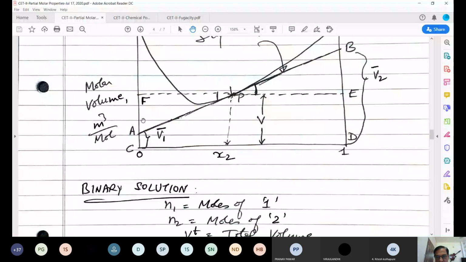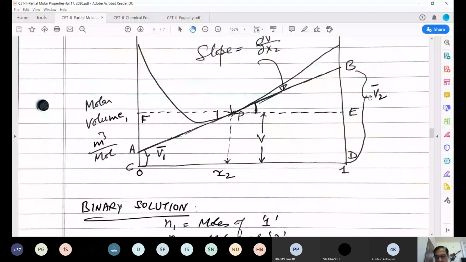That's why I don't want to focus too much on the diagram first. We'll do the derivation, then we'll see why the y-axis value at x2 equal to 1 is V2 bar, and why the y-axis value at x2 equal to 0 is V1 bar. That we'll understand only after the derivation.